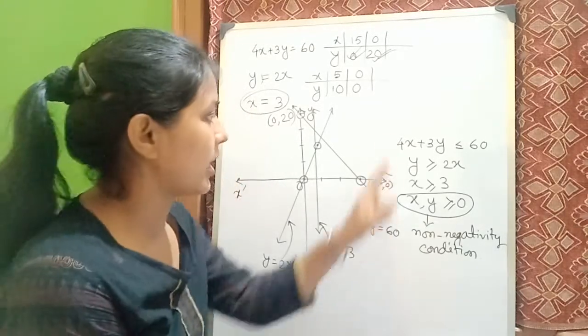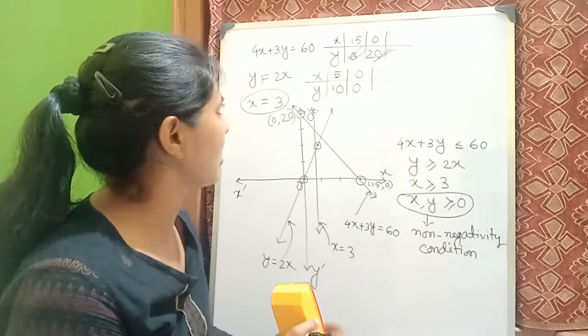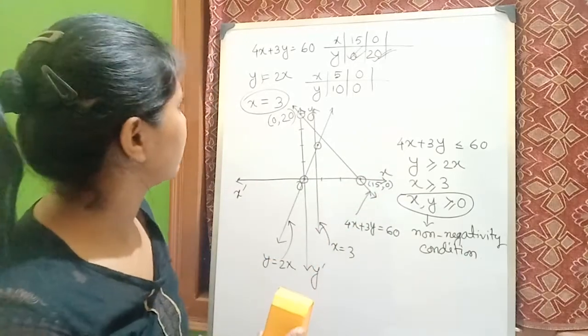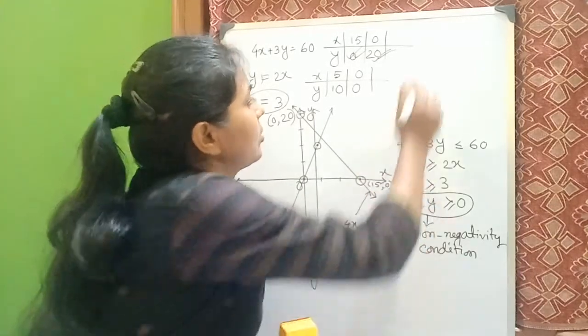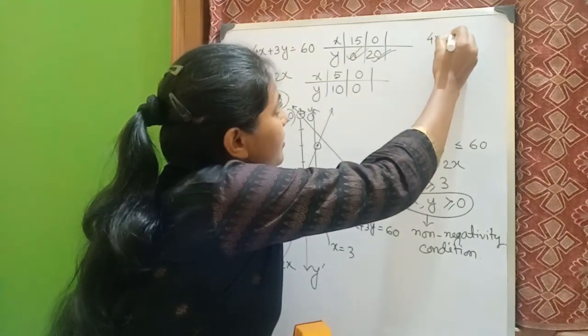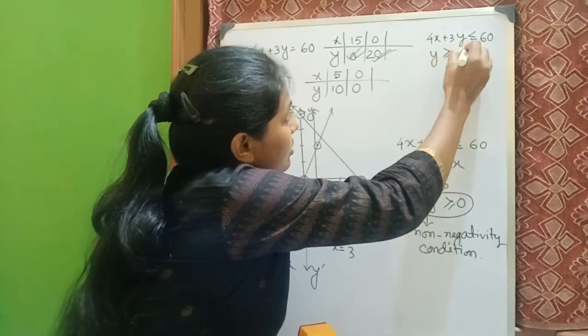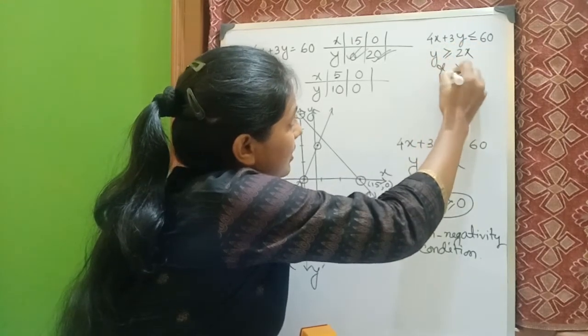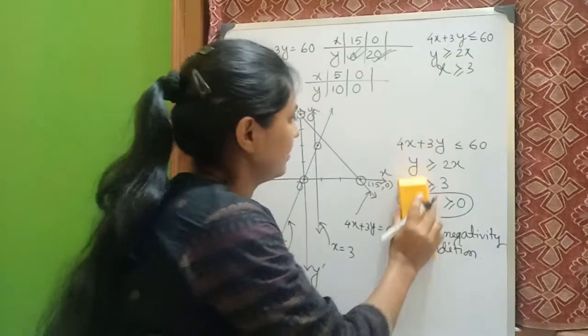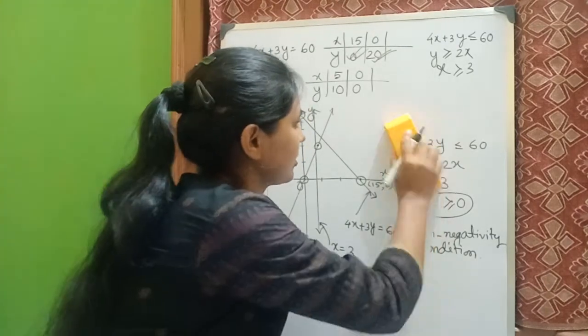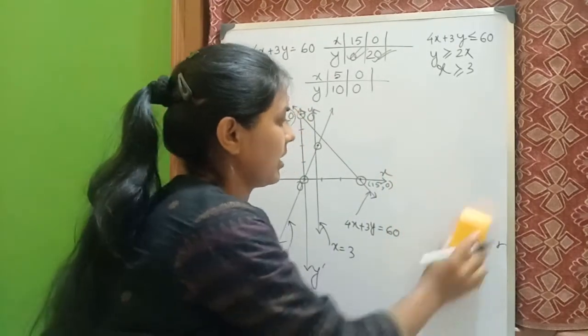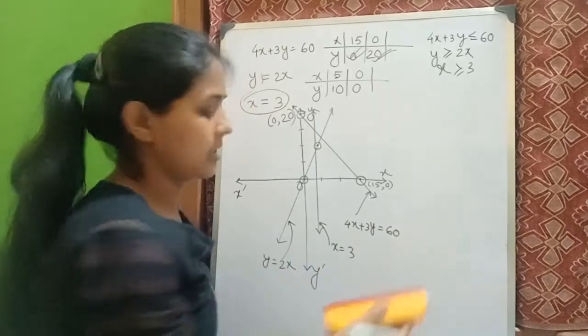I'm writing all these here once: y greater than or equal to 2x, x greater than or equal to 3. The non-negativity constraint is there in my head, so no problem with it.